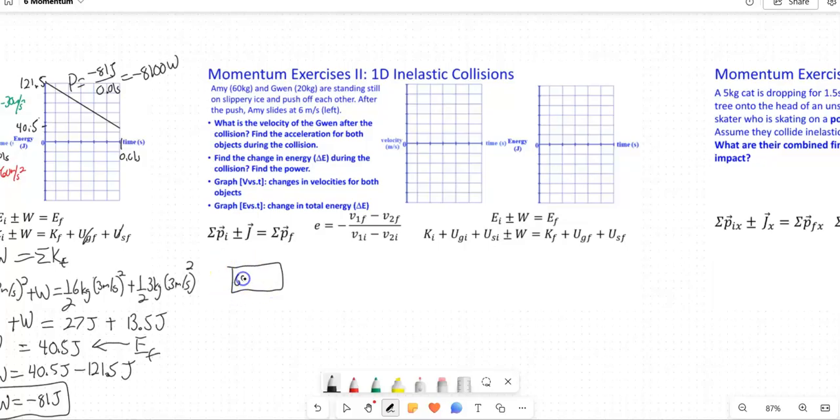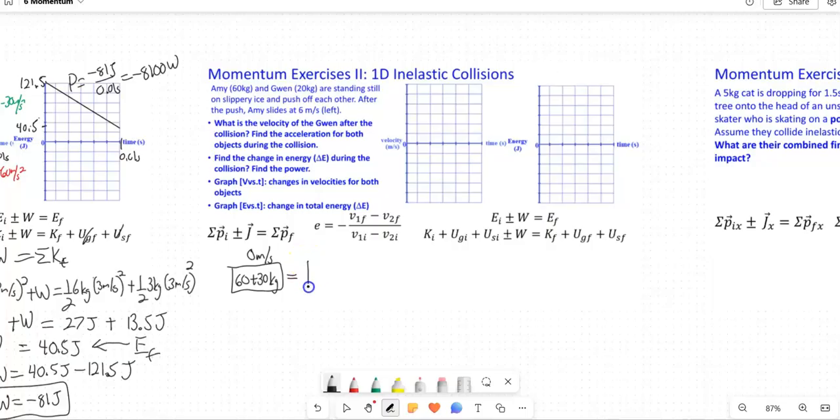So 60 plus 20 kilograms, and they are not moving. In your case, they are moving, so you just add those two masses and then multiply it by that velocity. So it doesn't change much.